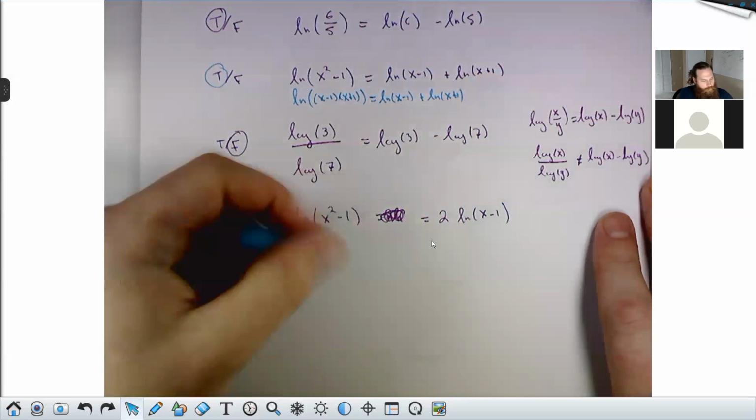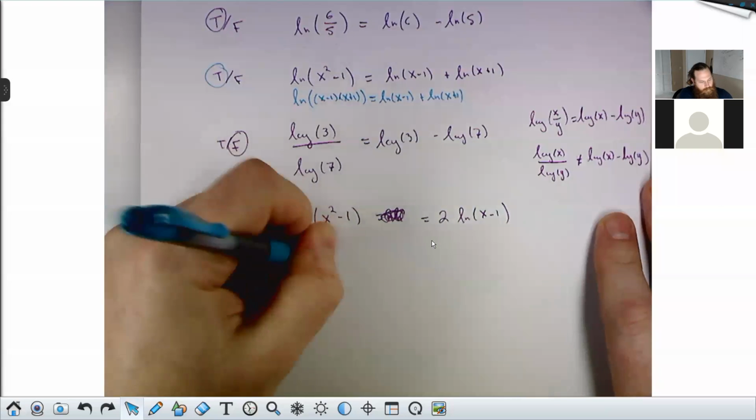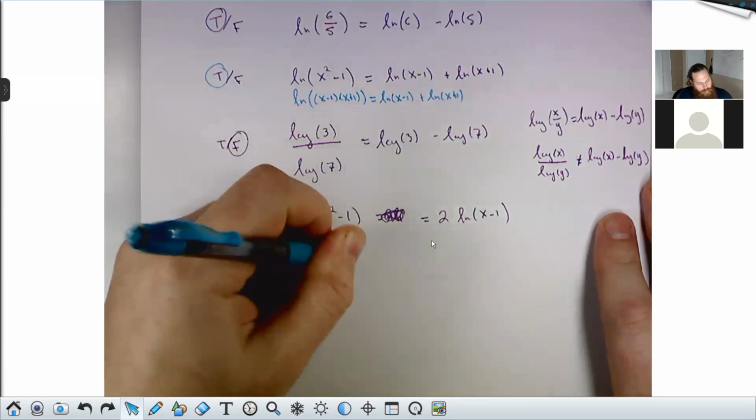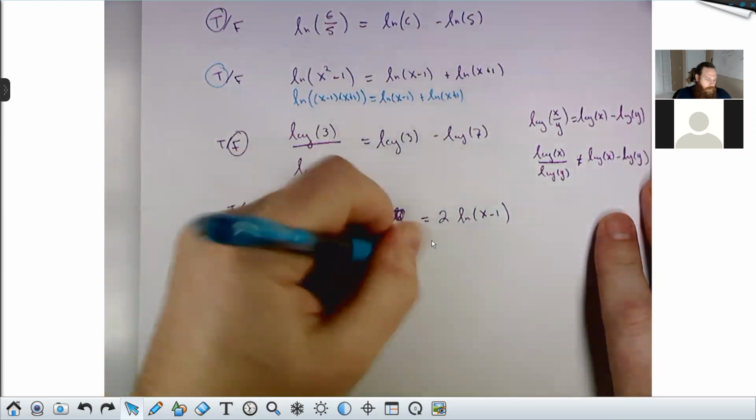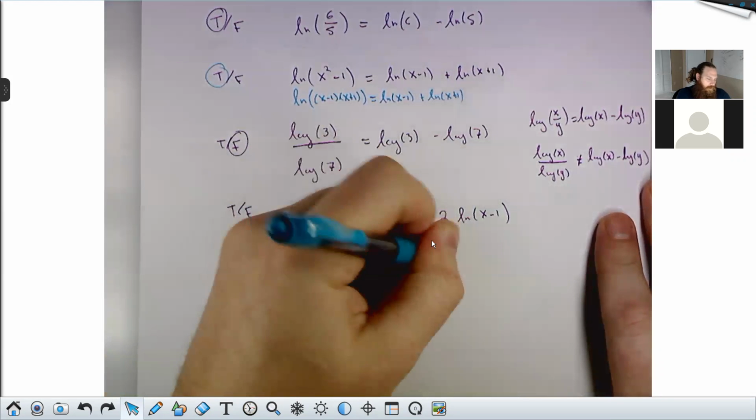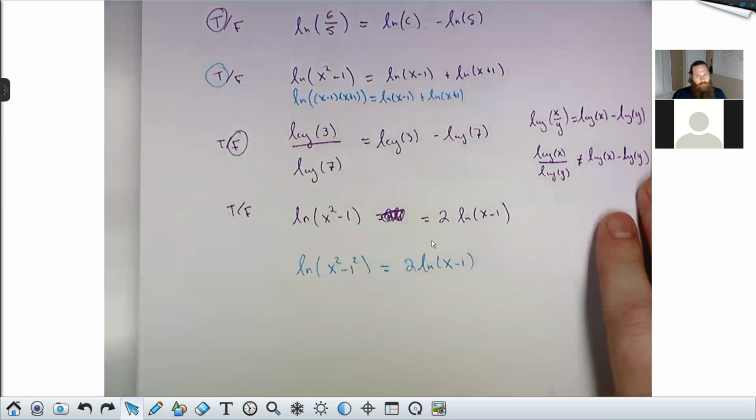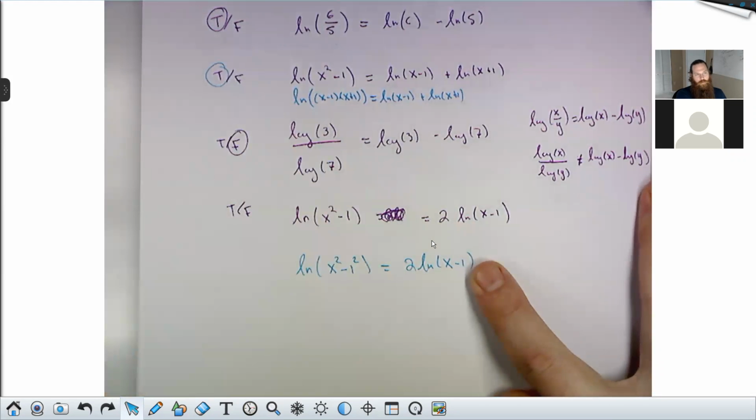I'm trying to see if you'll go, okay, well, this is the ln of x squared minus 1 squared, and can I bring that 2 down front? Is this kosher? Is the light blue here kosher? Nah, why not?